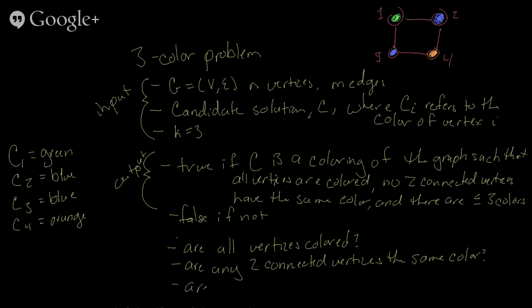And are there less than or equal to 3 colors? If you can answer those 3 questions, then you know whether your candidate solution is a correct solution or not. So your job, again, is to write these 3 questions into pseudocode and do the runtime analysis. And that is the 3rd problem. That's part C of number 4.